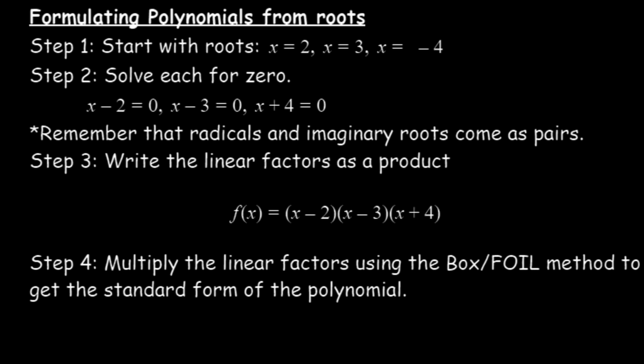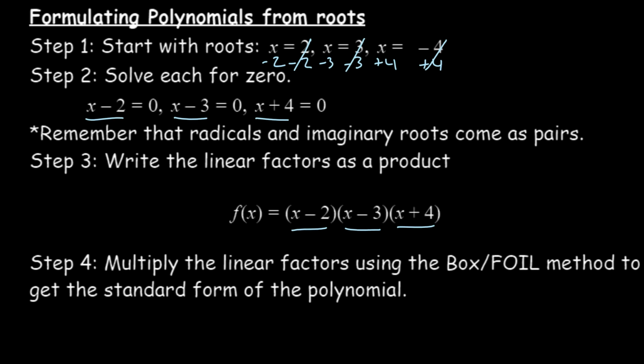So I'm subtracting 2 over. I'm subtracting 3 over. And I'm adding 4 over. So these become x minus 2, x minus 3, and x plus 4. And then to create your factors, you just put parentheses around them. So we have parenthesis x minus 2, parenthesis x minus 3, and parenthesis x plus 4.